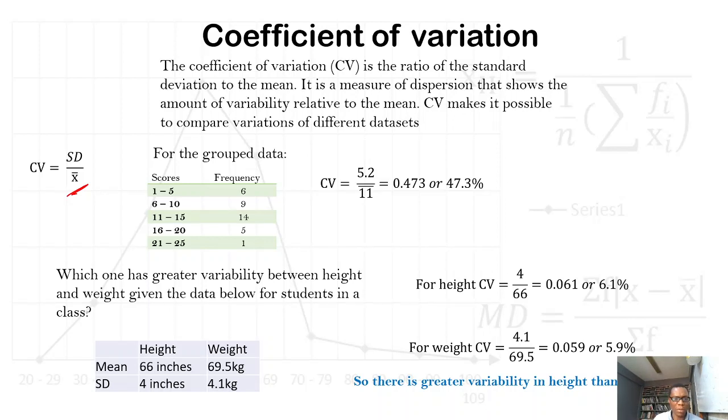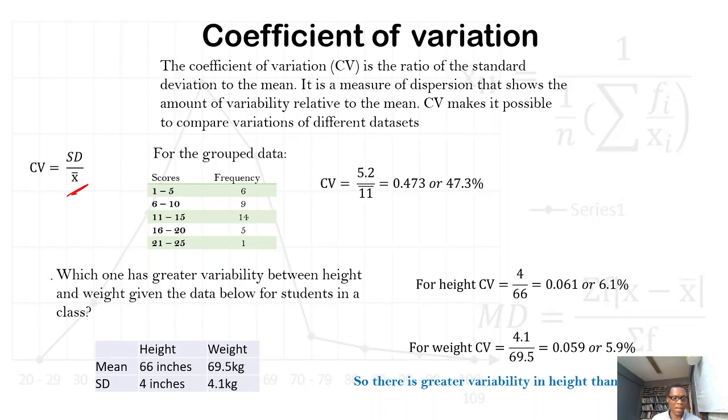If we are to calculate the coefficient of variation, we simply divide the standard deviation, which we calculated earlier to be 5.2, by 11, which is the mean. So that gives us a value of 0.473, or if we like, we may convert it to percentage. So that gives you a coefficient of variation of 47.3%.